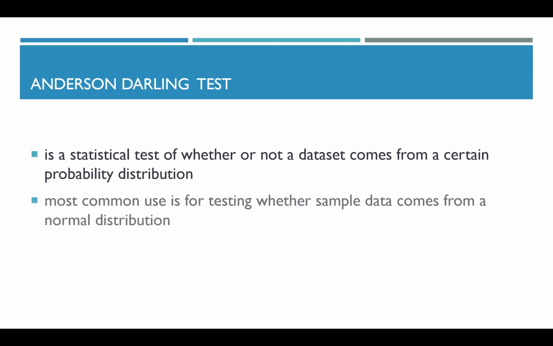We're going to focus on whether it comes from a normal distribution, which is the most common use for the Anderson-Darling test. But now it could do any distribution. But again, our focus is on, does the sample come from a normal bell-shaped symmetrical distribution?